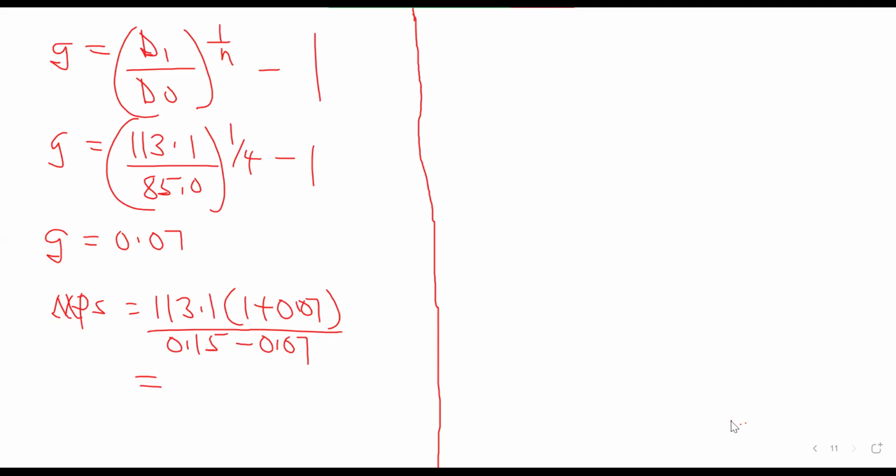I'm having 121.017 divided by 0.08. I'm having a total of 1,512,712.5. If you are using dividend growth, this is the value that you are going to be getting.